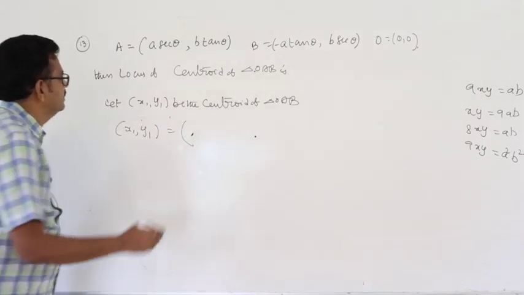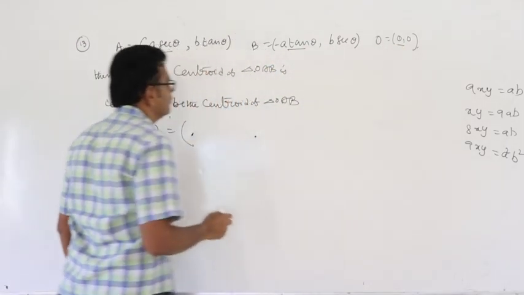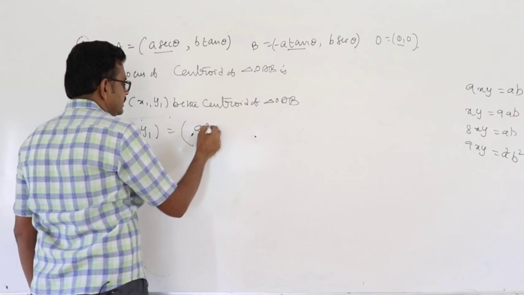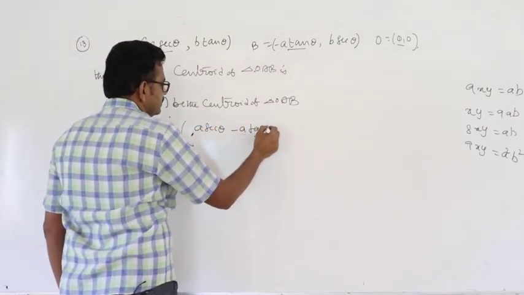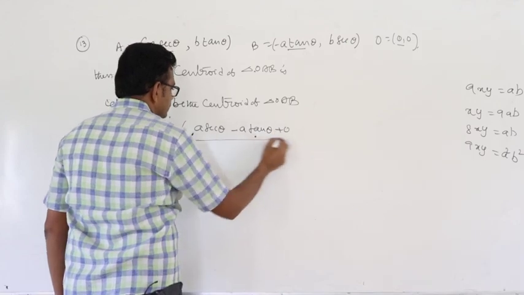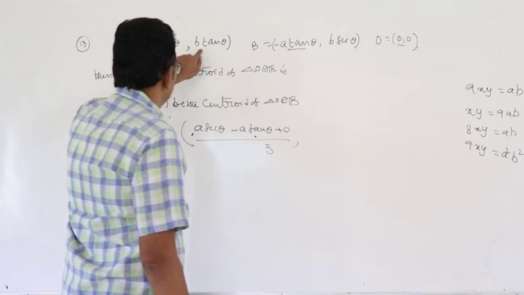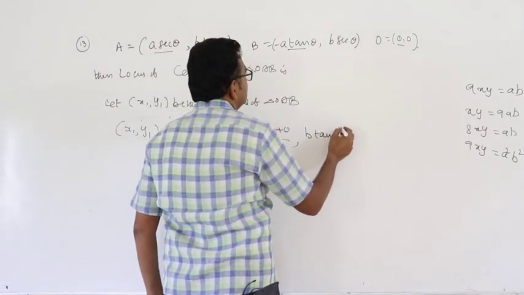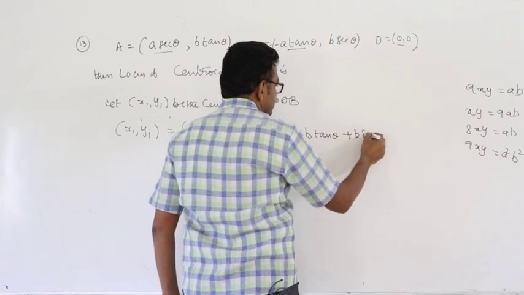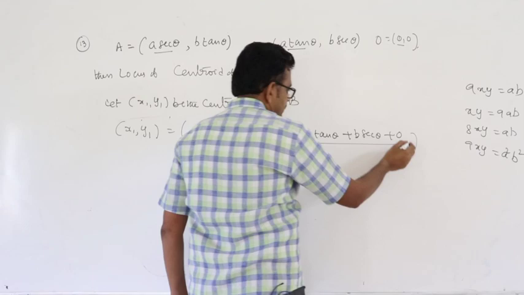What is the centroid formula? (x1 plus x2 plus x3) by 3: a secant theta minus a tan theta plus 0 by 3. And next y: b tan theta plus b secant theta plus 0 by 3.